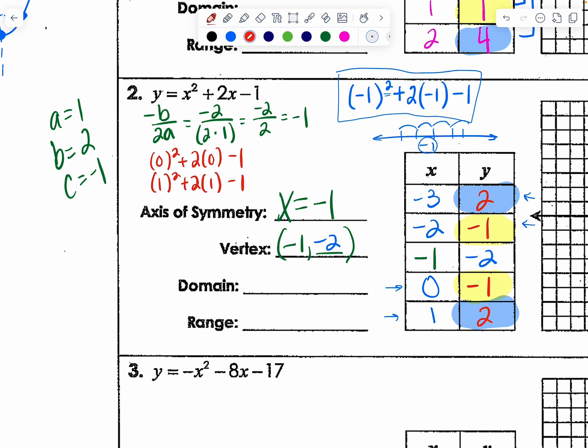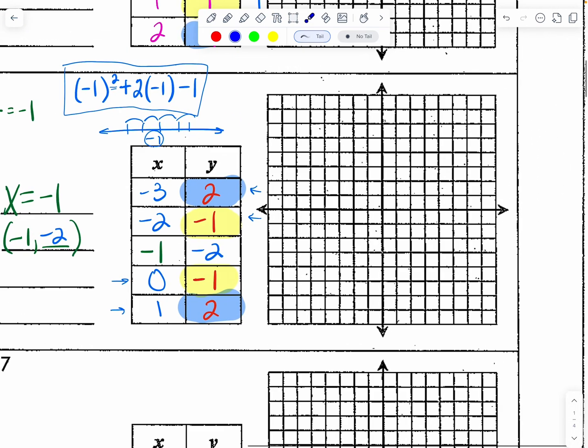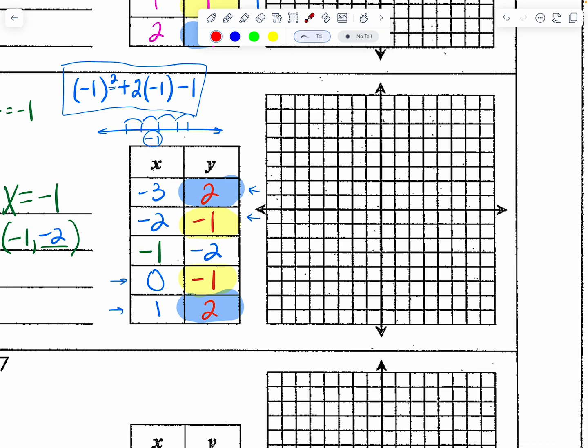Okay, so by plugging in just these 2 points here, I was able to fill out the rest of my table. All right, so we didn't have to plug in the -3 and the -2 because we already knew what those answers were going to be because we plugged in the 0 and the 1, and these are going to mirror each other. All right, okay, so now we got our 5 points. We're going to plot them and connect them and make a curve.